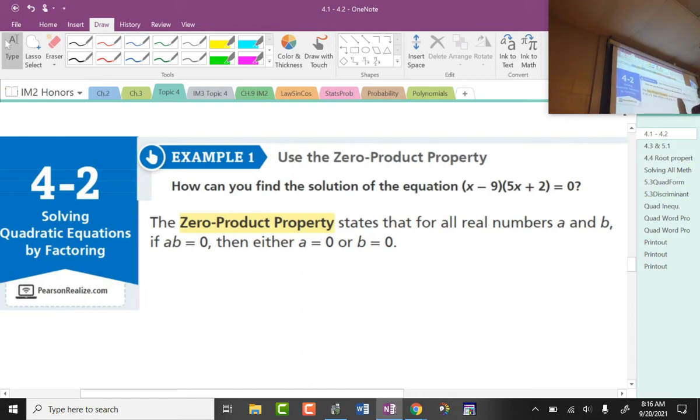Then that product will equal 0. One of the two components must be equal to 0 for this to be true. It's the only product property out there. There's no other number that has this feature.